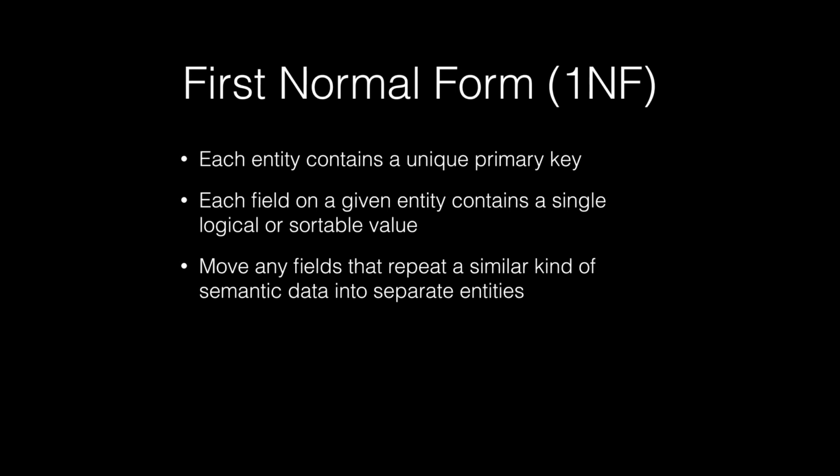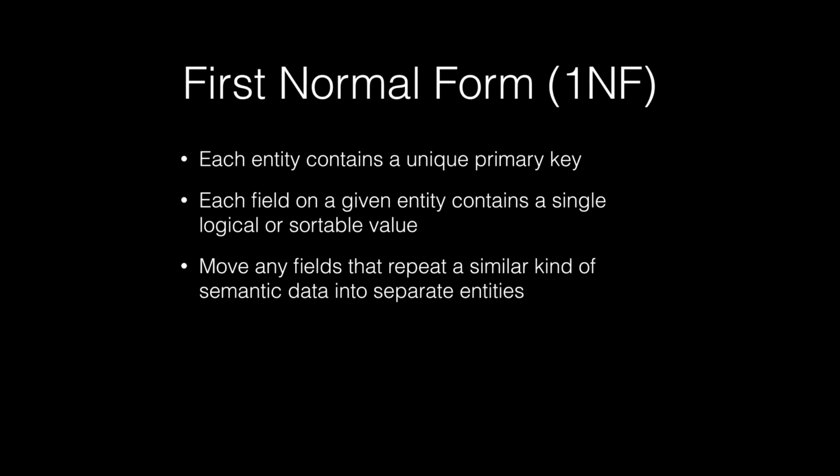If we have the entire address, city, state, zip code, street address, in one field, we wouldn't be able to sort by the city if we wanted to see all the people from one city or from one state. So we might want to actually break those out into separate fields. So you'll see that in a moment. And then last of all, we want to move any fields that repeat a similar kind of semantic data into separate entities.